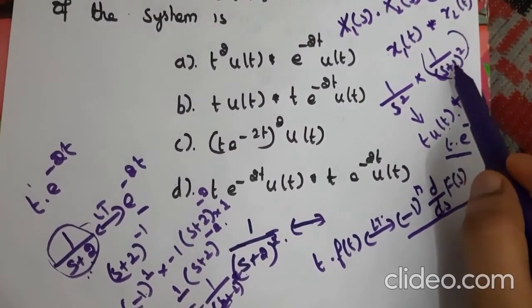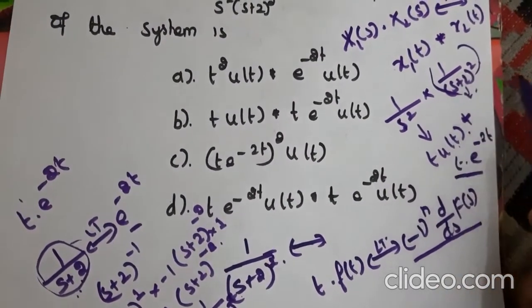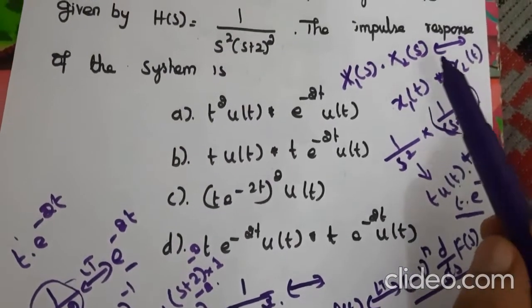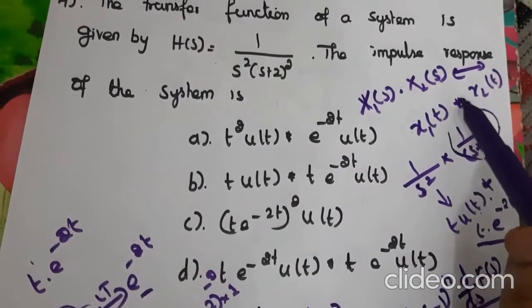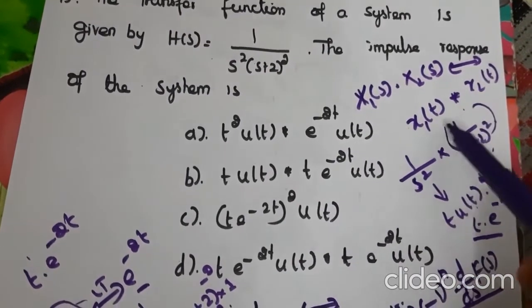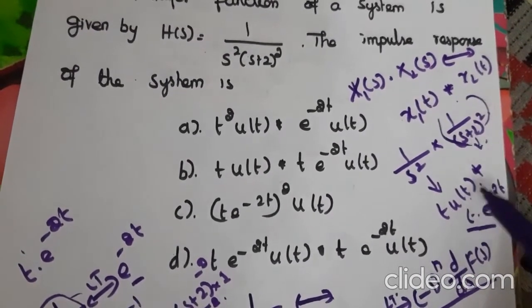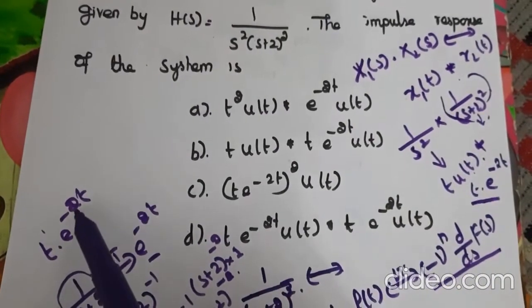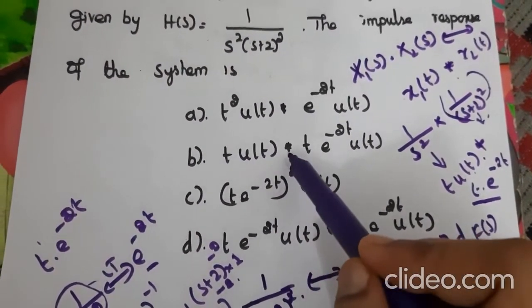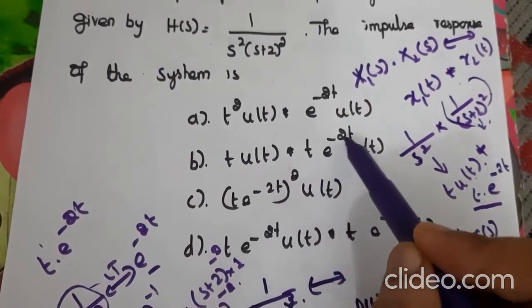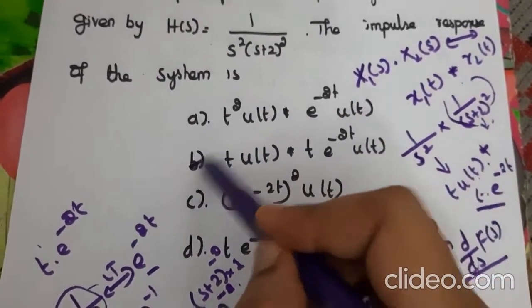So this is the inverse Laplace transform of this term. The multiplication in the Laplace transform s domain is equal to convolution in time domain. So now x1 of t is t u of t, x2 of t is t into e power minus 2t. So here the answer is t u of t convolved with t into e power minus 2t into u of t. So here the answer is B.